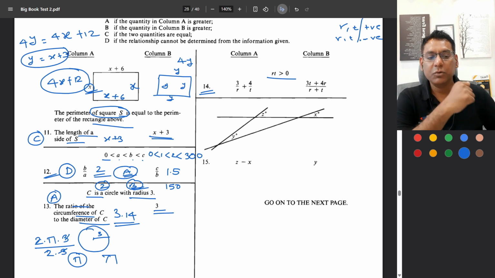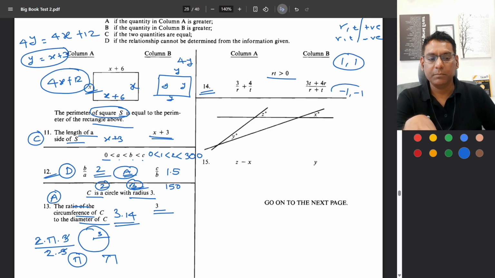The easiest way to solve this is to pick numbers. Let me take two cases, 1 comma 1, and minus 1 comma minus 1. Let's see what happens when I get 1 comma 1, that is r is equal to 1 and t is also equal to 1.